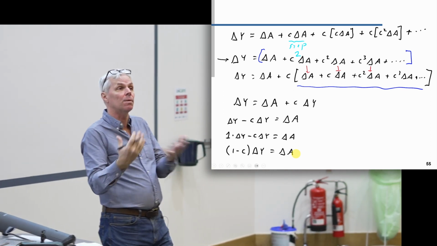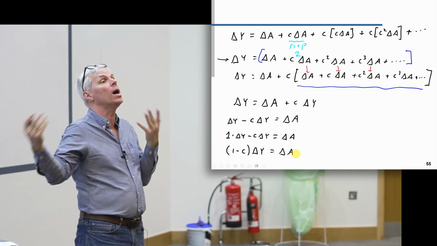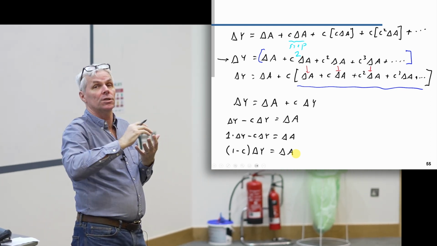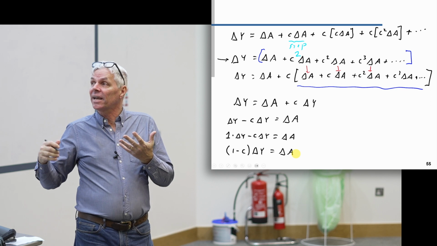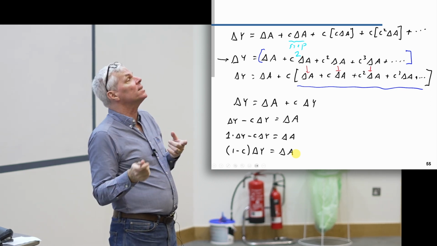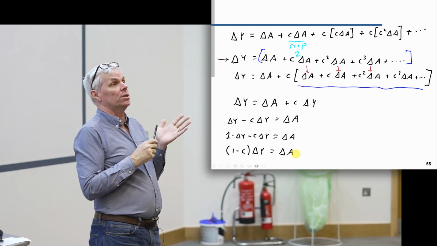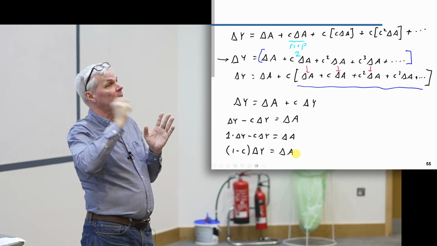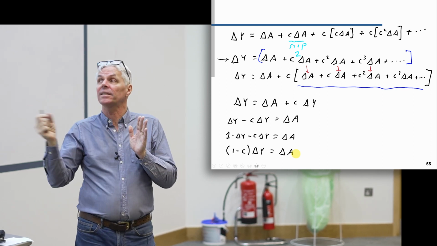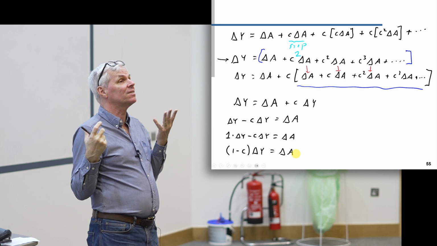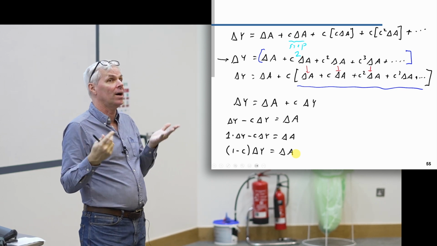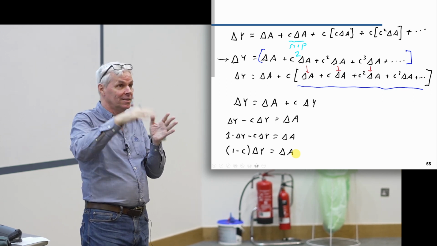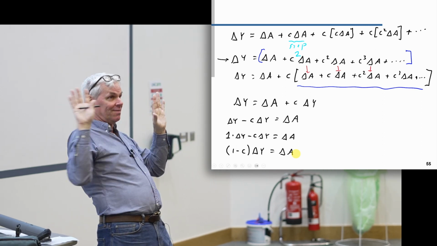Because I'm trying to find out how much does y change, how much does output go up when autonomous spending changes, right? And I can divide by 1 minus c because I know that 1 minus c is a fraction, because we're told that c is a positive fraction. If c was exactly 1, I clearly can't divide by 0, right? Well, I can, but the mathematicians would kill me, and they're vicious, so we're going to leave that alone, right?